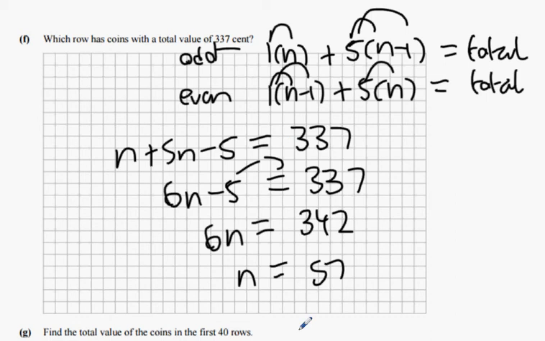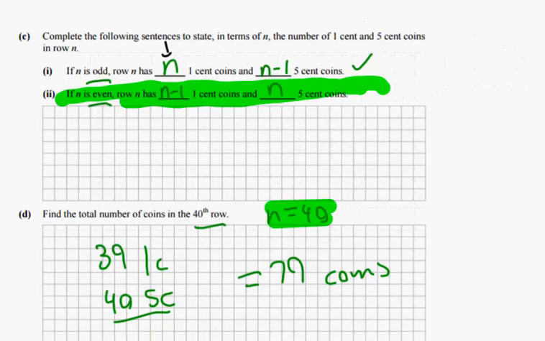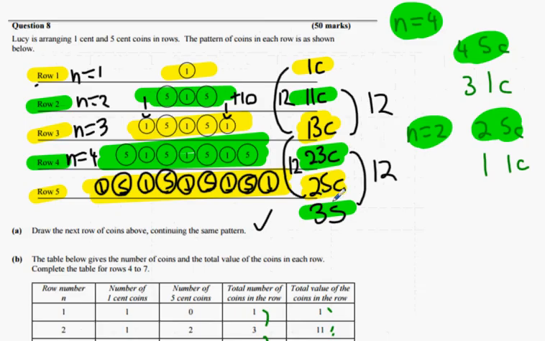Now, if you're really bullheaded about it, and you had a bit of extra time and you wanted some attempt marks, what could you have done? You could have gone back down here to the 5th row. The 5th row is worth how much? 25, and we're about to add on 10, aren't we?